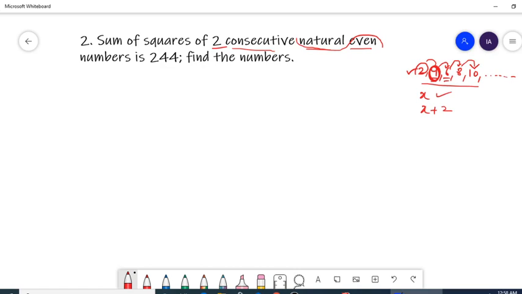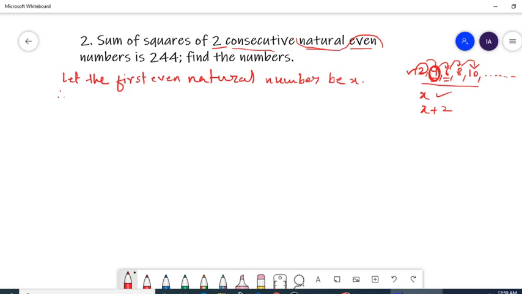So here I'll consider, let the first even natural number be x.